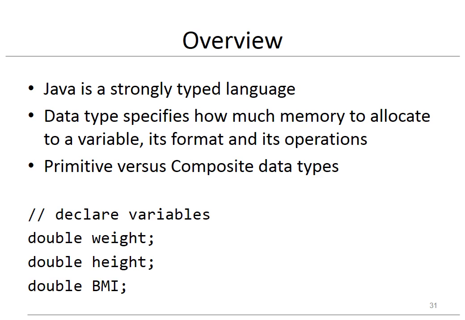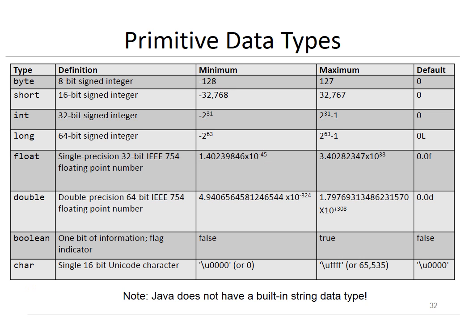In our BMI example, we had three variables: weight, height, and BMI. All three are assigned the primitive data type double, which represents a floating point number. Java has 8 built-in primitive data types, as you can see illustrated in this table: byte, short, int, long, float, double, boolean, and char.